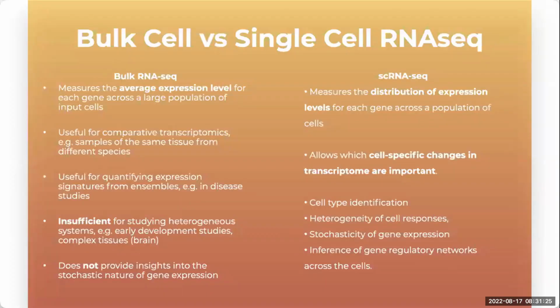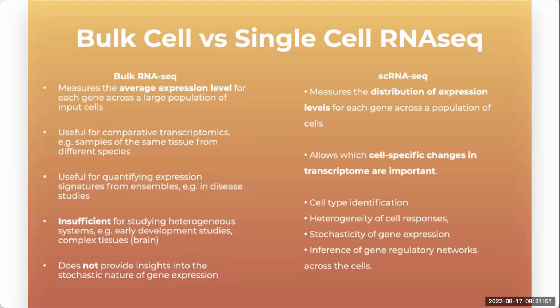So to again sum up the difference between bulk cell and single cell in a very short summary. Bulk cell RNA-seq, on a technical advancement, replaced microarrays, and we know that it has been widely used to measure average expression levels of each gene across a large population of cells in a sample.